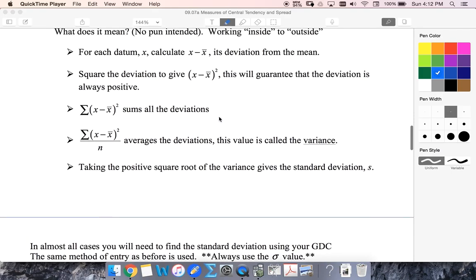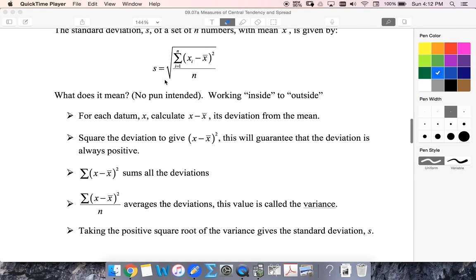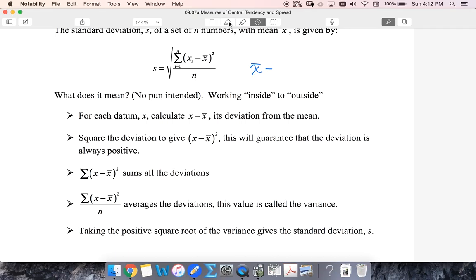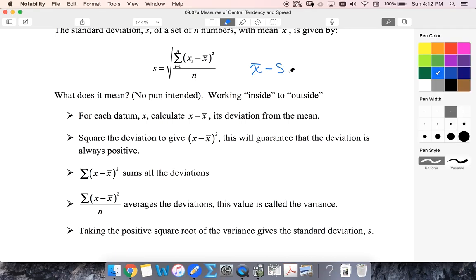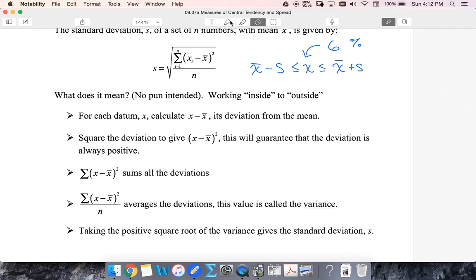So we would take our mean, add and subtract this standard deviation value, and in that range of numbers, so if we did our mean minus the standard deviation, and we use the symbol S, but your calculator uses sigma, so our x values, and then if we added the standard deviation to the mean, then this is going to be 60% of our x values, actually 64%, if it's normally distributed.